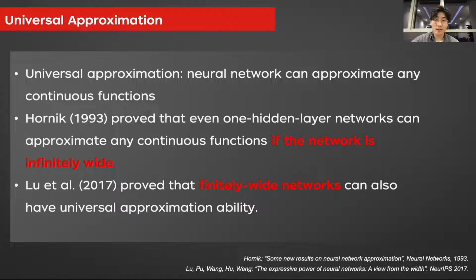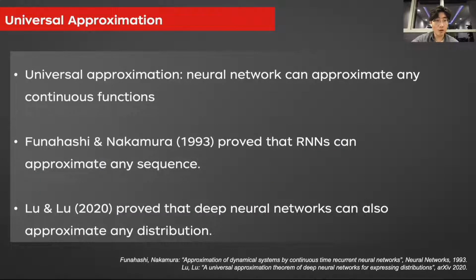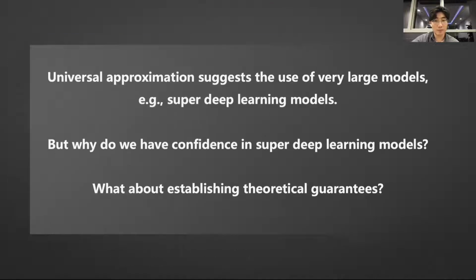After that, in 1993, it was proved that even multi-layer networks can approximate any continuous functions if the network is infinitely wide. Till 2017, it was proven that finitely wide networks can also have universal approximation ability. Time comes to 2020. We have new findings that deep neural networks can also approximate any distribution.